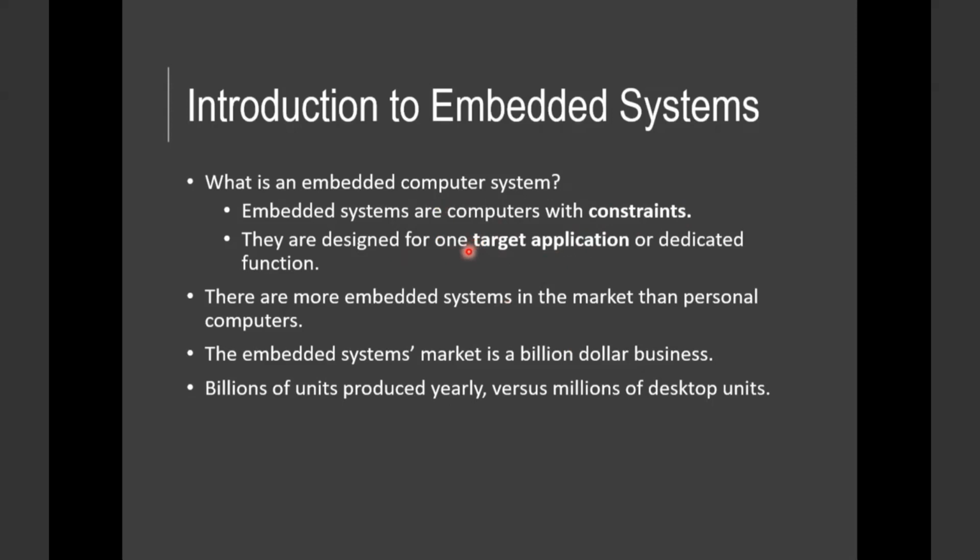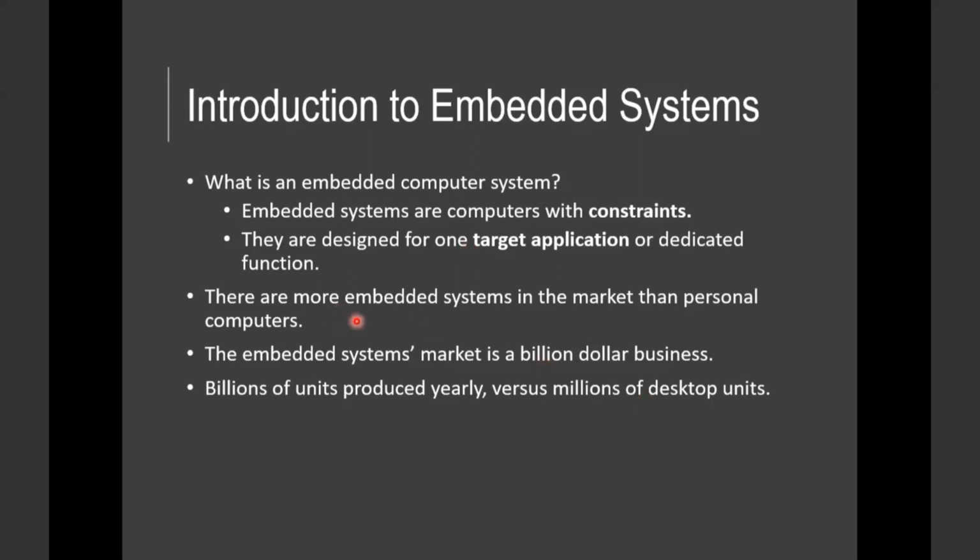You can reprogram and install whatever application you want to use. But with an embedded system, you cannot reprogram. If the embedded system that you buy has 3 functions, it can only do those 3 functions. You cannot install another function on that embedded system.